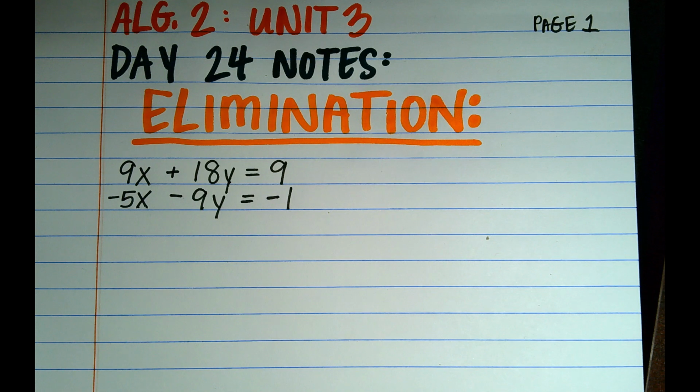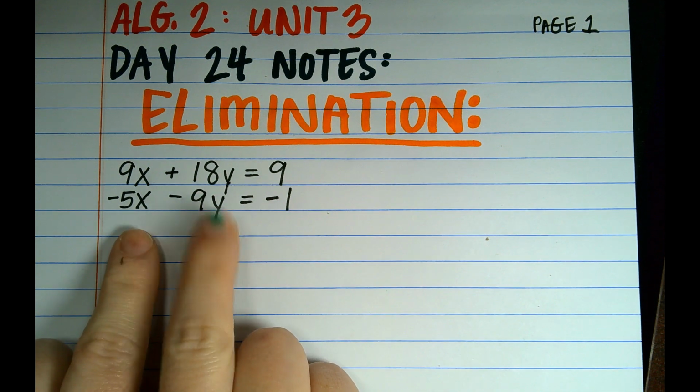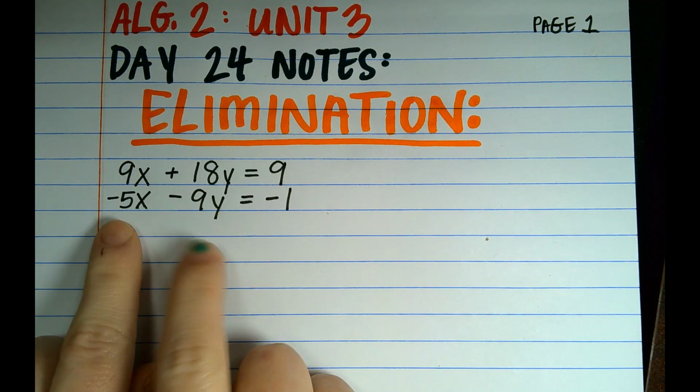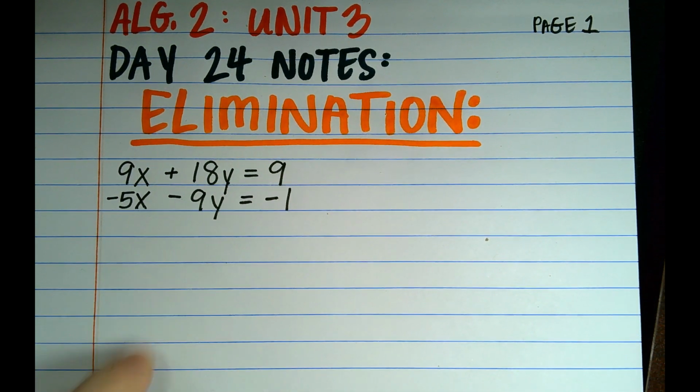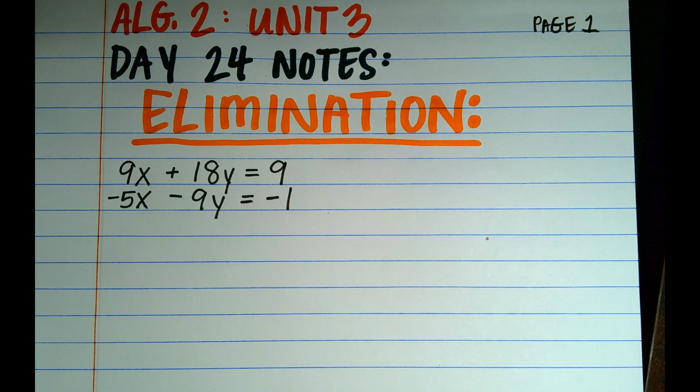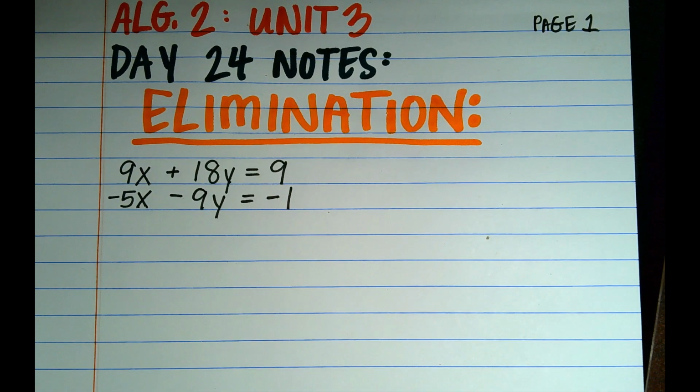So whenever we are using this process called elimination, we are actually going to start by choosing one of the variables, either x or y, and we are going to eliminate, completely get rid of one of these variables. And I'm going to show you how we do that.